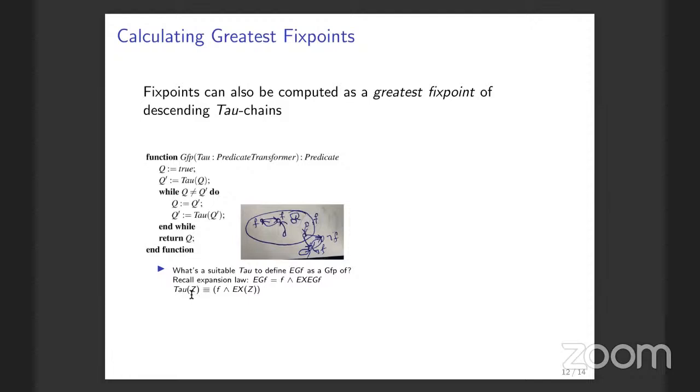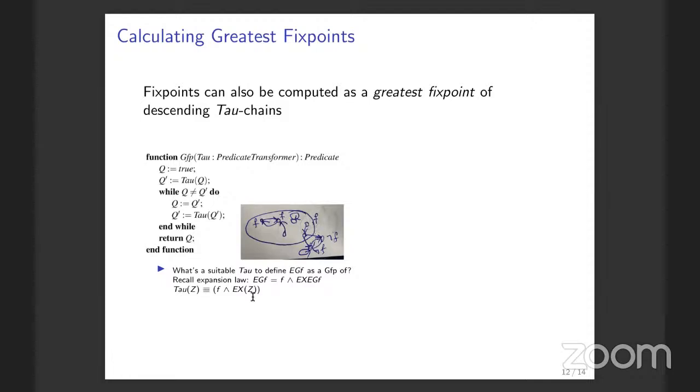Suppose, what is tau of true? Tau to the power 0 is true. What is tau of true? What is EX of true, Paramalai? Tau of, for this formula, we will get the set of all states which satisfy F. Correct.